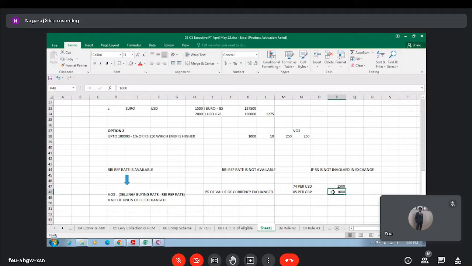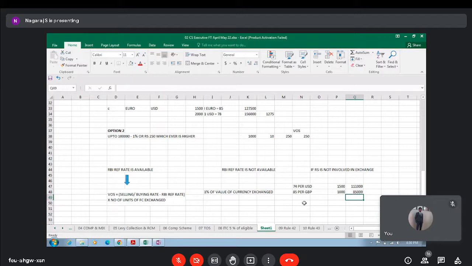In that case, 1500 into 74, 1000 into 85. Okay. You have to calculate like this first. Which is the least one here? 1,11,000 or 85,000? Which is the least one?